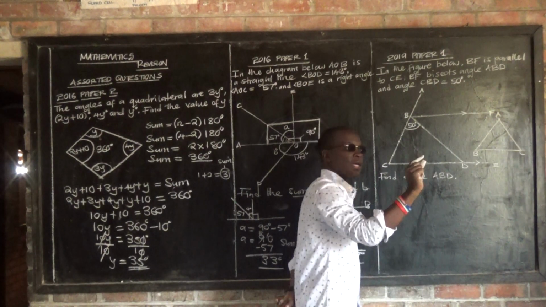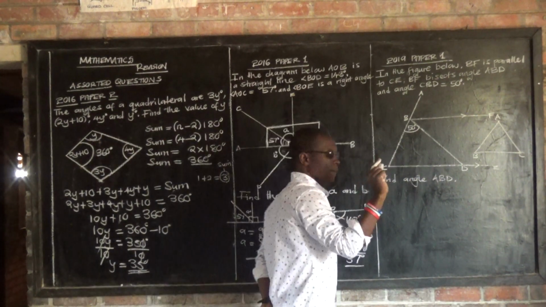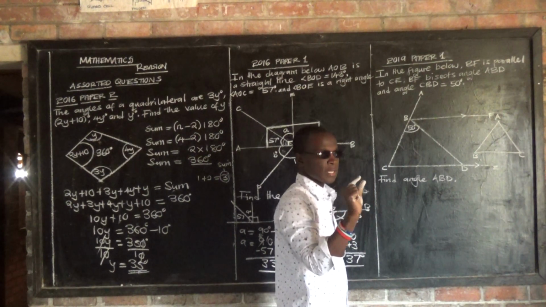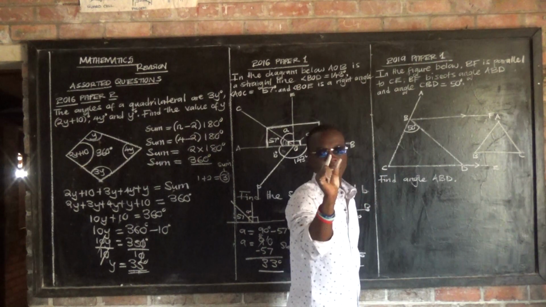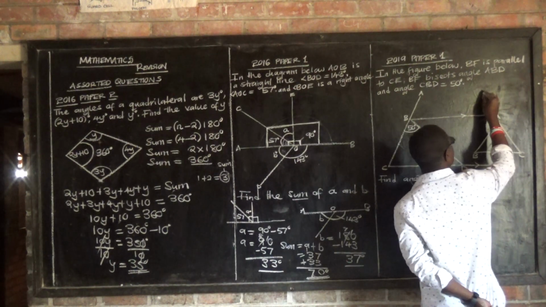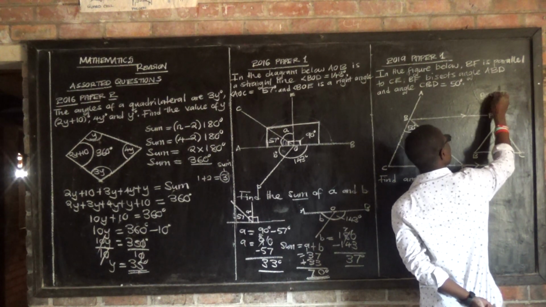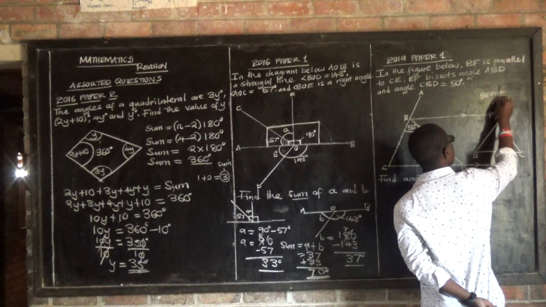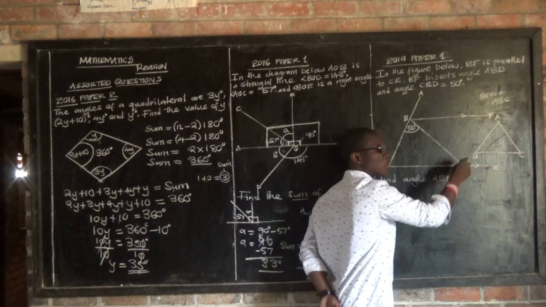You just open my compass at any radius. Are we together? I want to bisect angle ABC. Remember, guys, I want to bisect this angle, which is angle B.